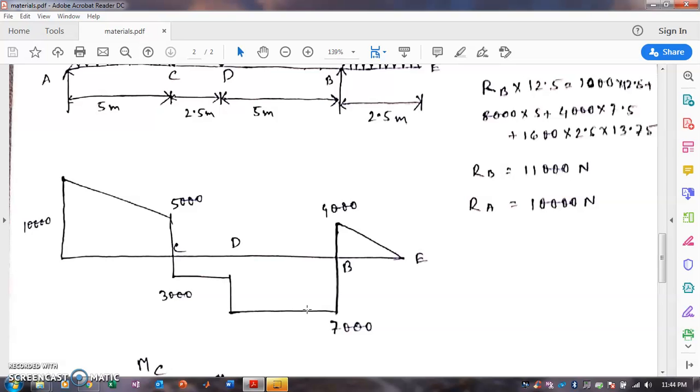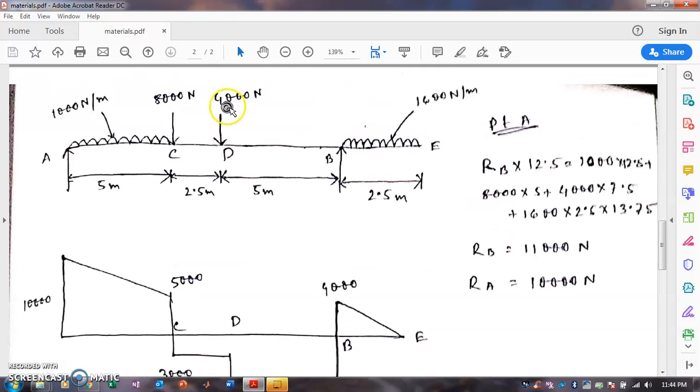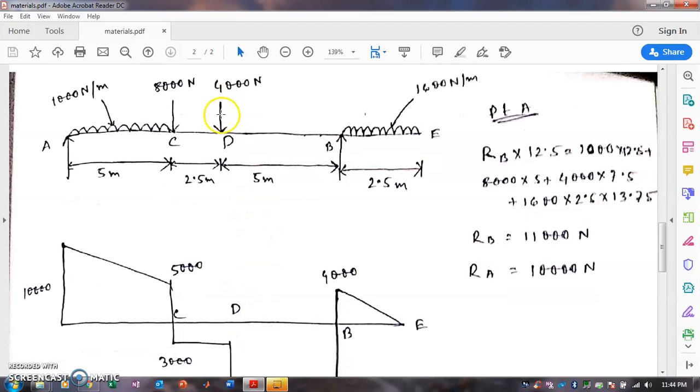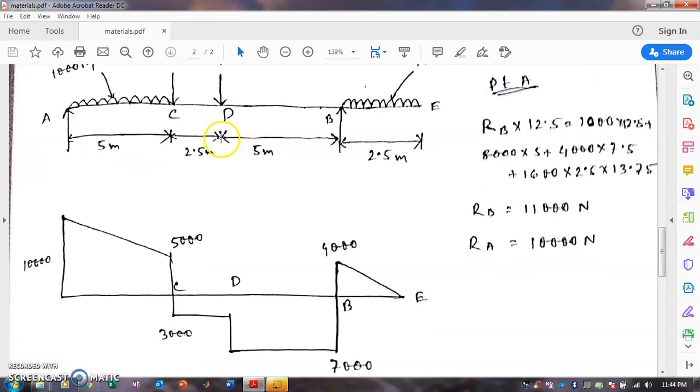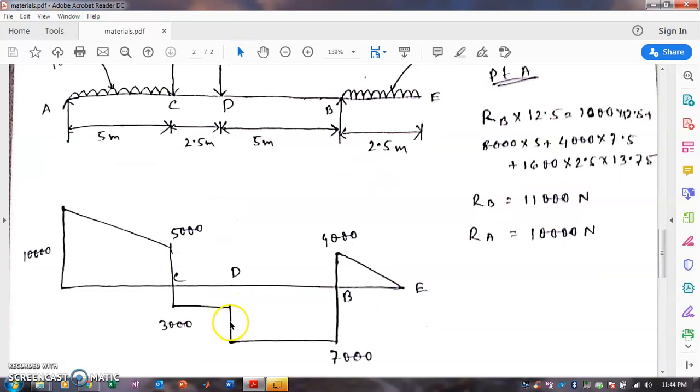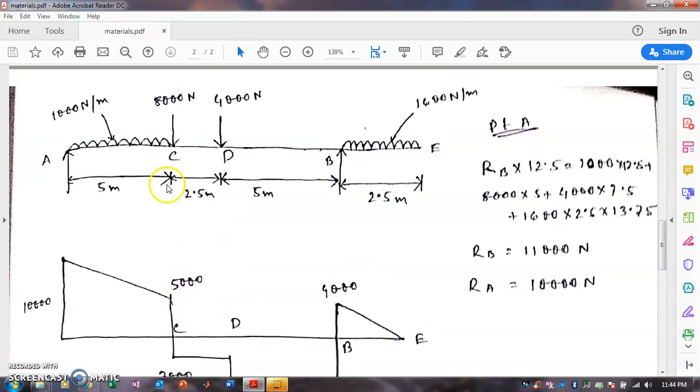Now from B to D there is no force, so it will be constant, and at point D there is 4000 downward. Due to the upward RB it was negative, so due to the downward 4000 it becomes plus 4000, so minus 3000, and up to point C it remains constant.